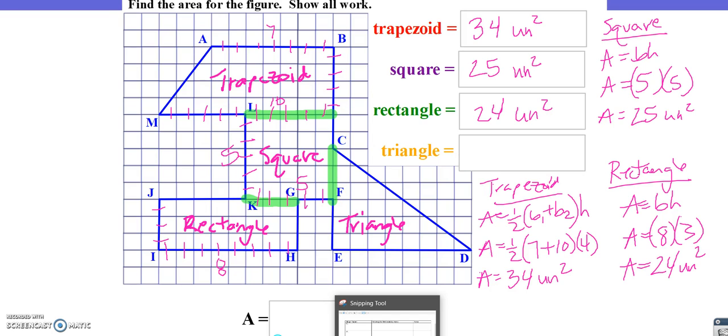And I'm going to come over here to the far left to calculate my triangle. So my last shape is a triangle. This one is going to be 1/2 base times height. So 1/2.